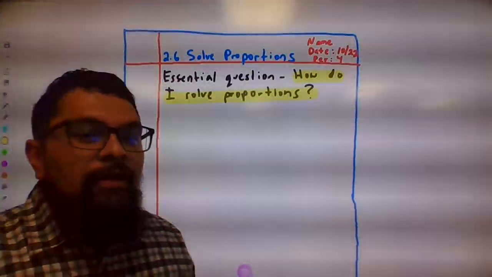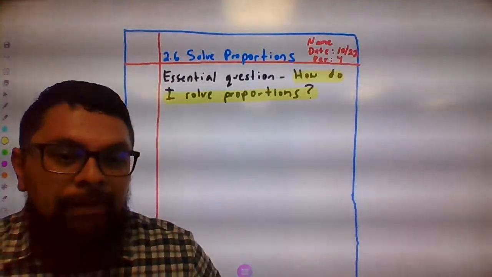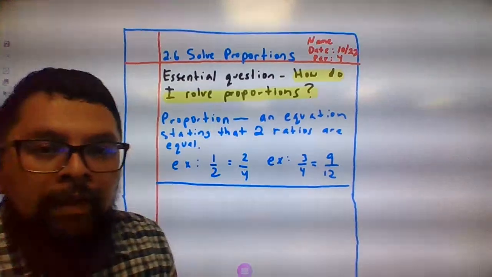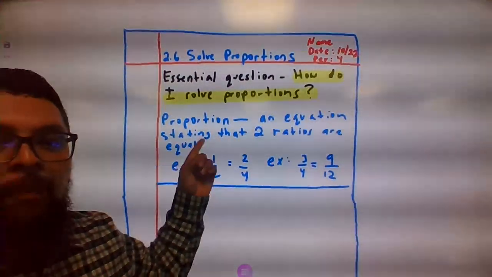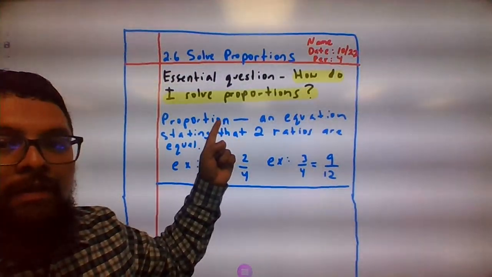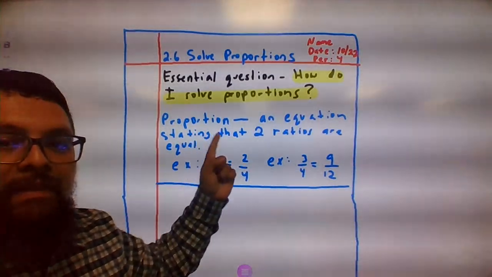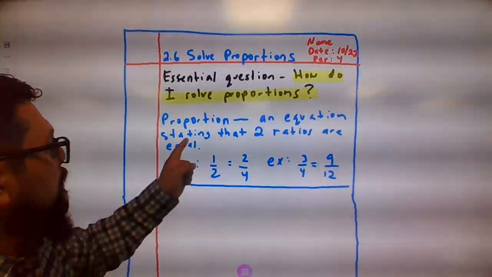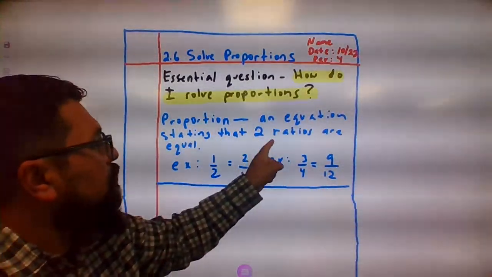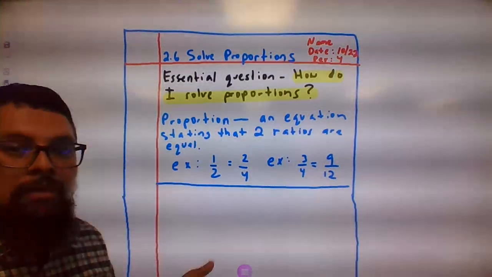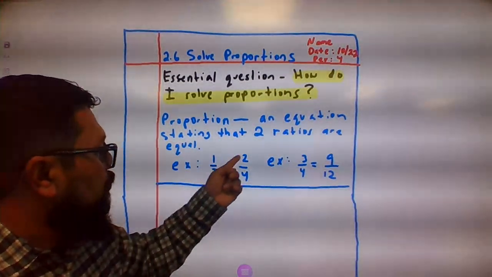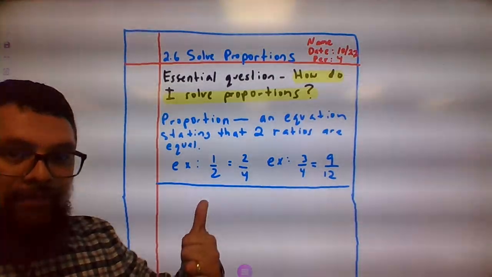First, let's review what a proportion is, and then we'll keep going from there. Here's your definition: a proportion is an equation stating that two ratios are equal. Here's an example: 1/2 is equal to 2/4. Is that true? Yes.